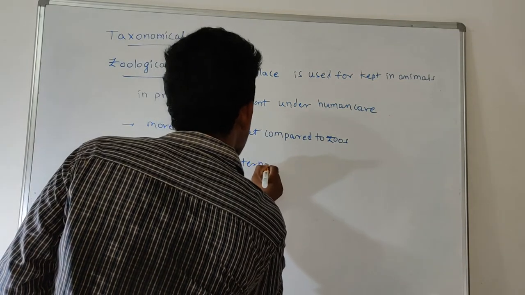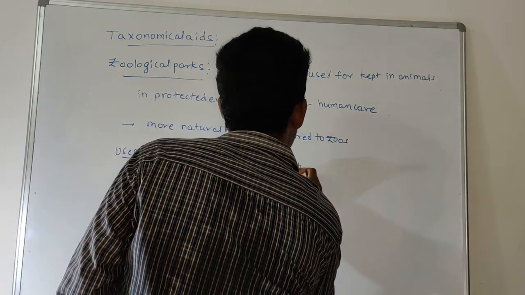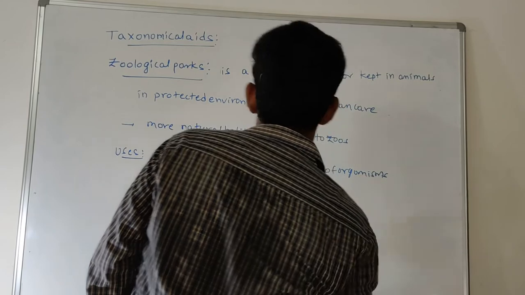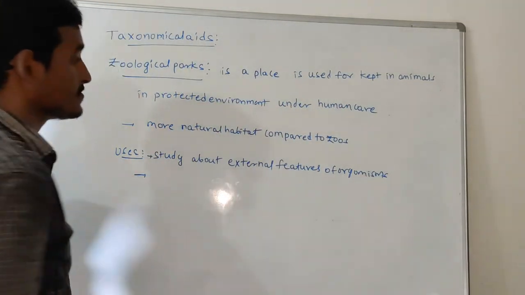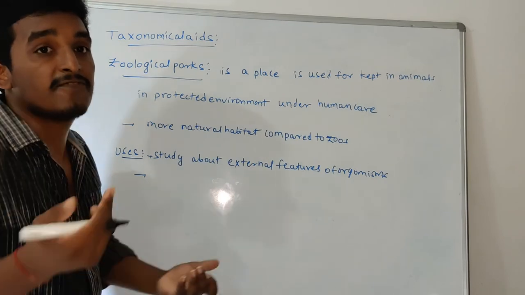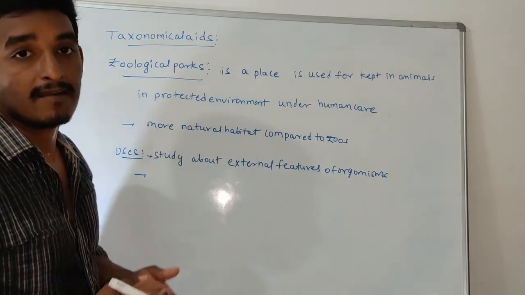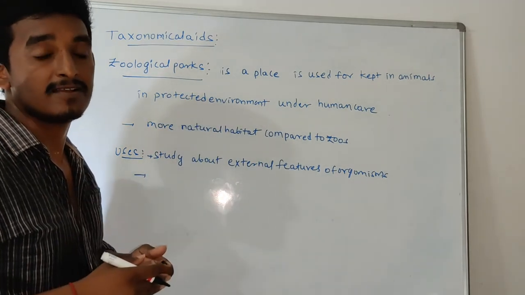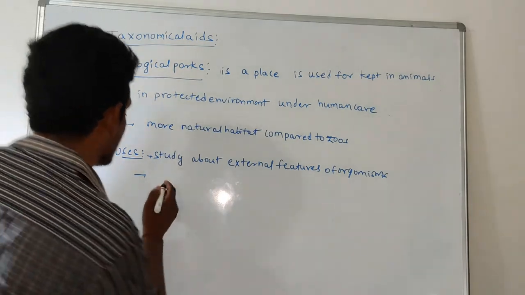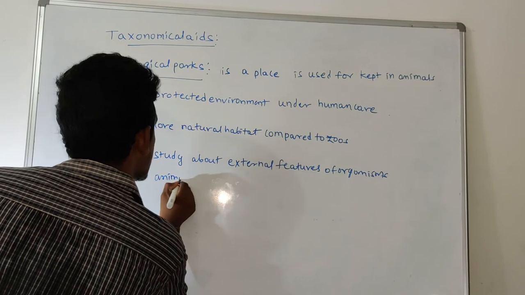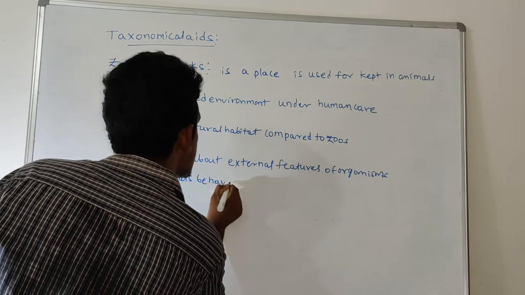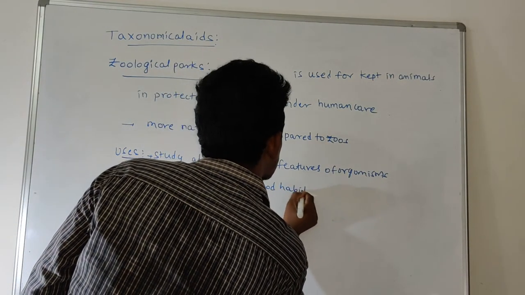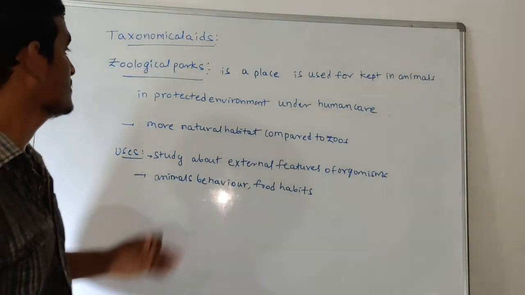Along with that, we can identify how they are habituated, what type of food they have taken, and how they behave. So we can study animal behavior and their food habits with the help of zoological parks.